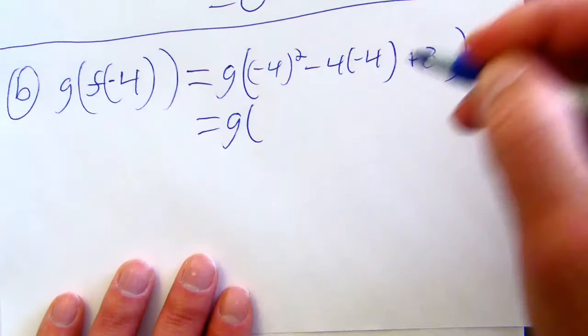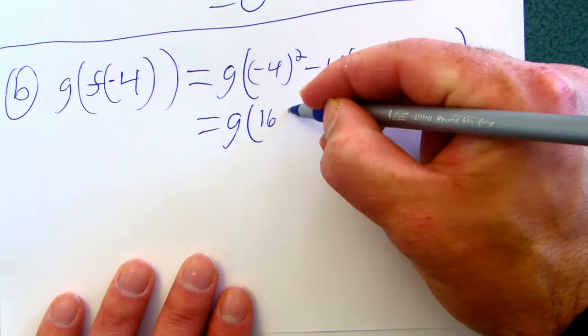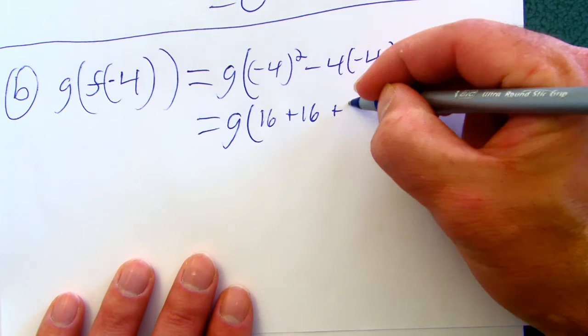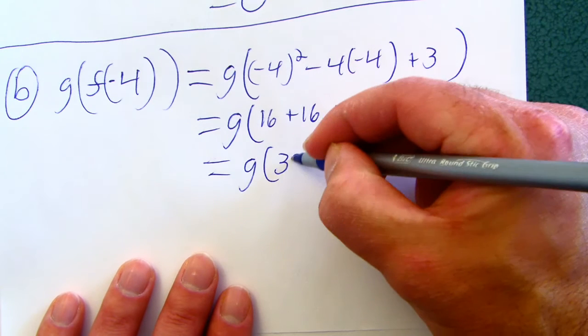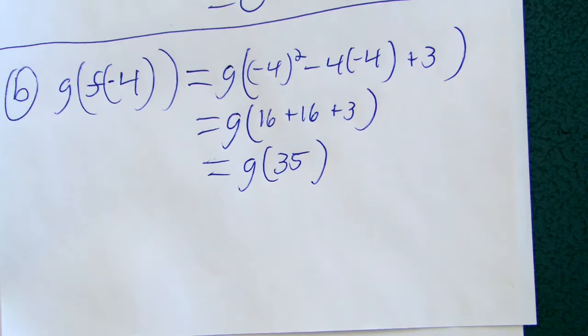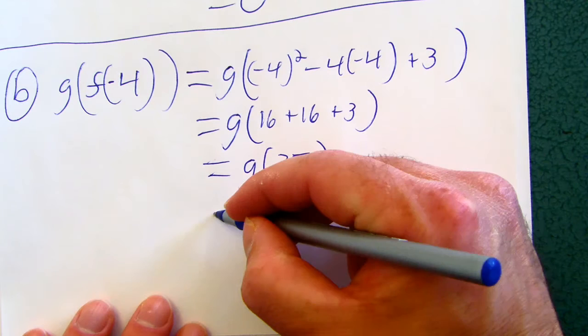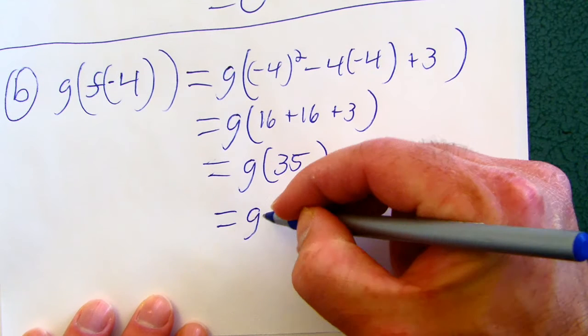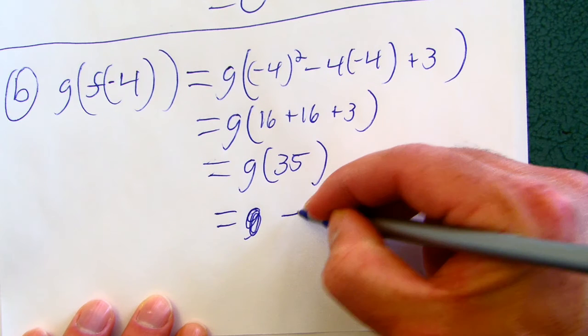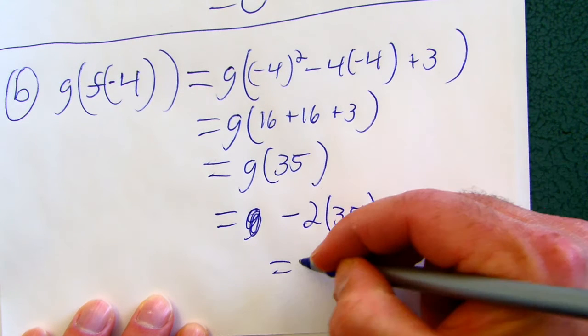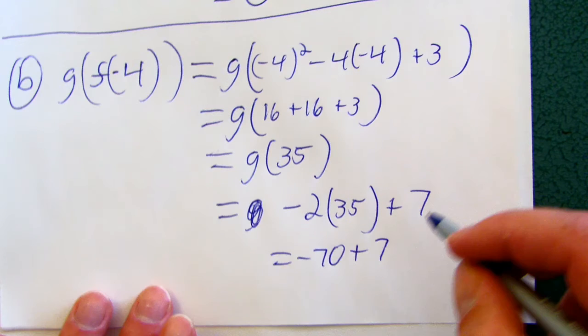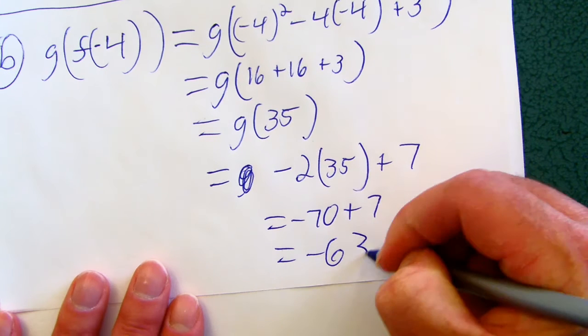So it's going to be g of 16 plus 16 plus 3. So it's going to get me down to g of 35. So g of 35 then, oops, it's going to be negative 2 times 35 plus 7. So it's going to be negative 70 plus 7 is negative 63.